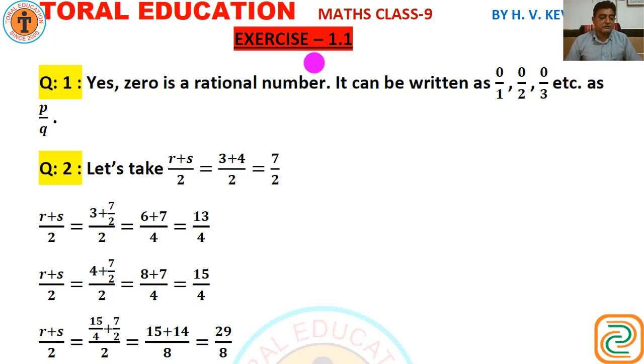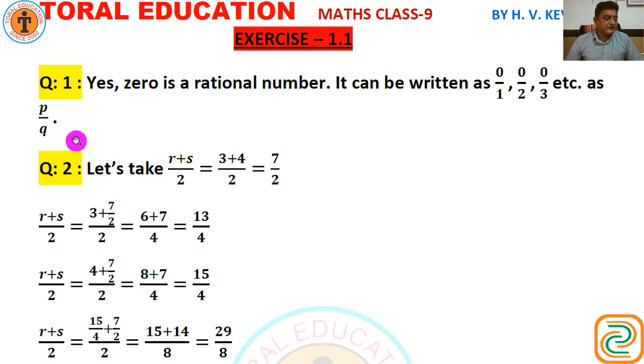Can you write it in the form of P upon Q, where P and Q are integers and Q is not equal to 0? The answer is yes. Here I have given answers only; you should see the questions in the exercise, that means in the textbook. Yes, 0 is a rational number. It can be written as 0 upon 1, 0 upon 2, 0 upon 3, etc., as P upon Q.